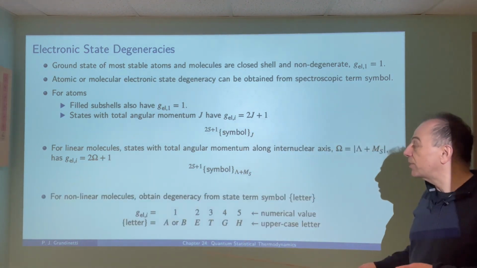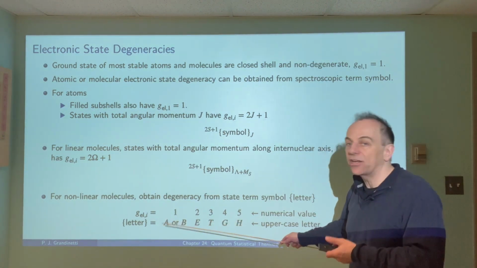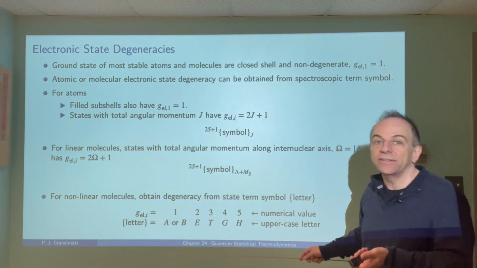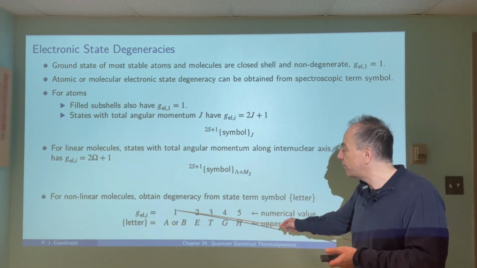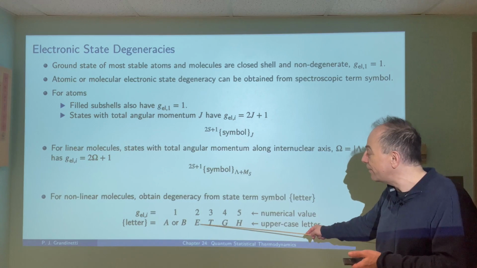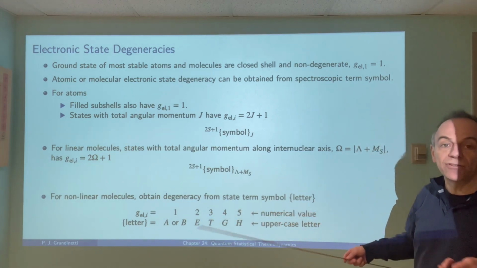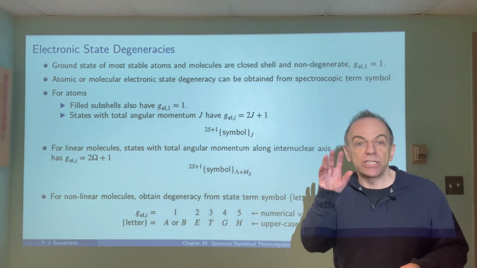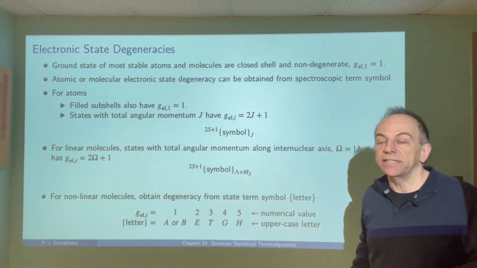If you're dealing with a nonlinear molecule, we didn't talk about their term symbols, but simply looking at the letter is enough to get the degeneracy. So if you have a letter A or B in the term symbol, then the degeneracy is 1. If it's E, it's 2. If it's T, it's 3. If it's G, it's 4. If it's H, it's 5.